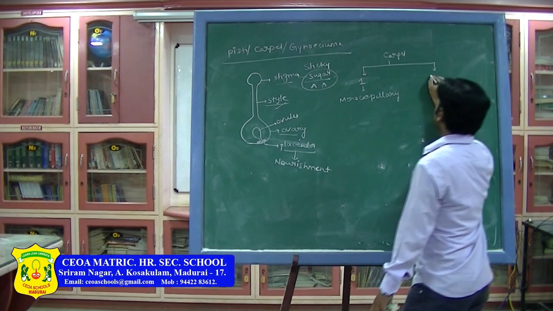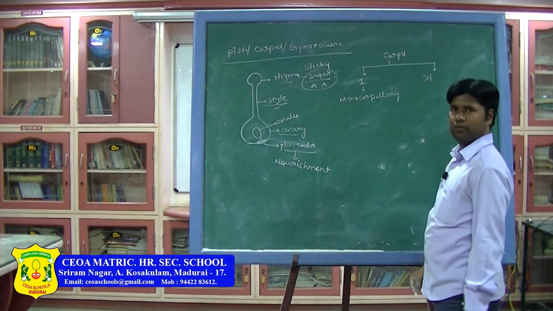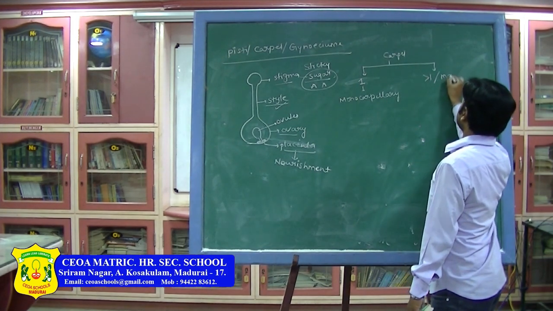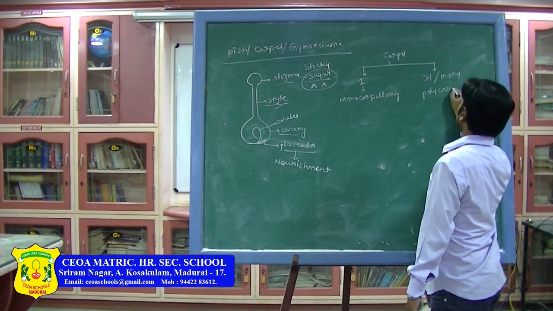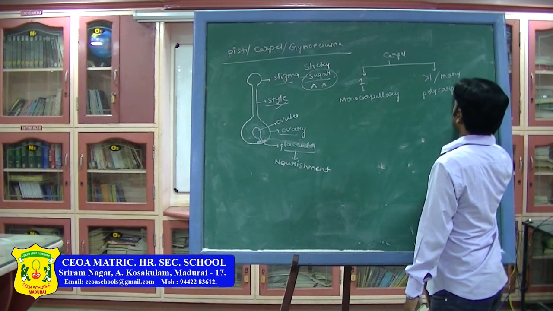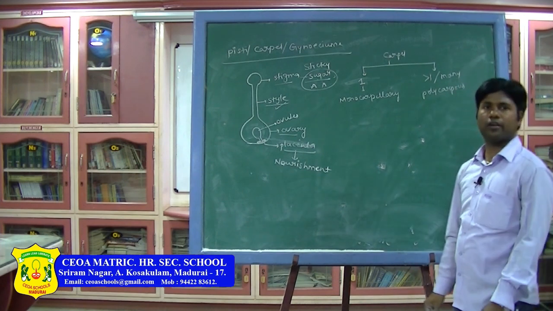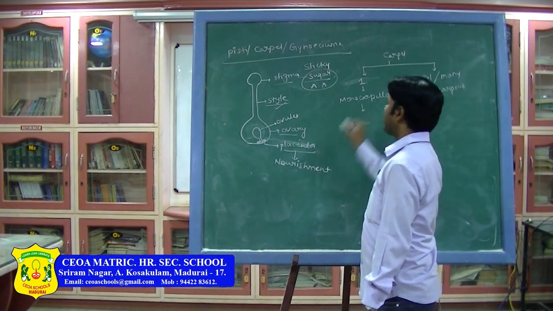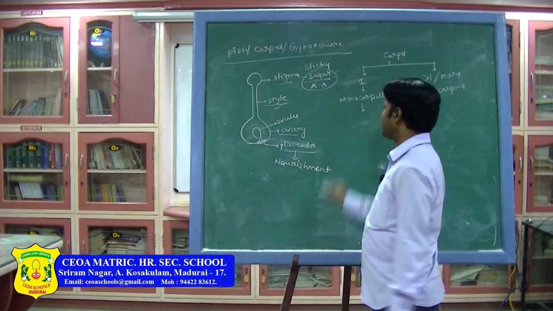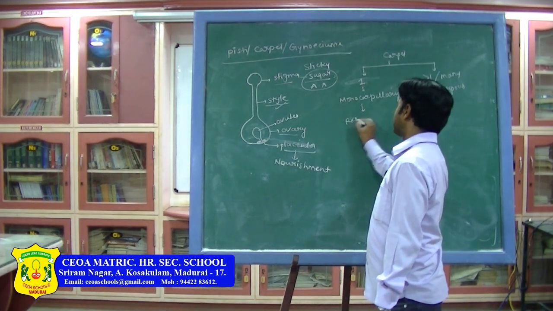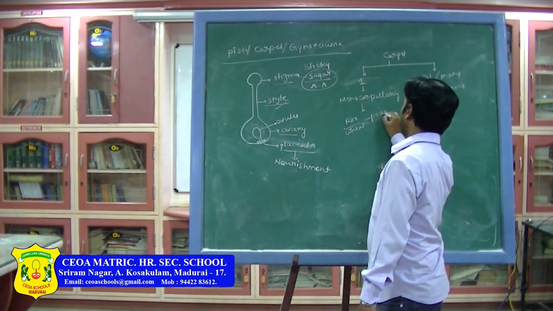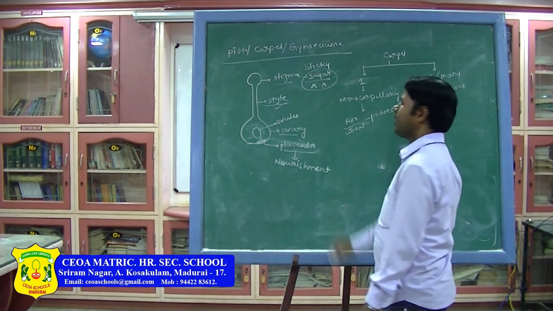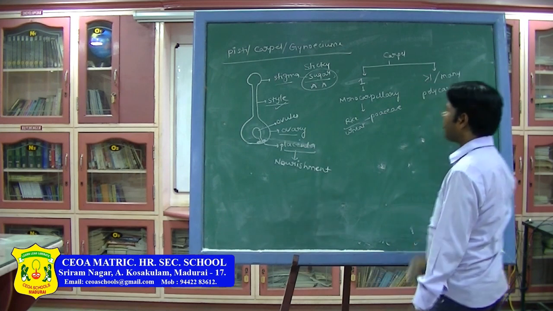If the carpel number is more than one, that is, many, it is called polycarpellary or polycarpous. The monocarpellary condition is seen in Poaceae, like rice and wheat.